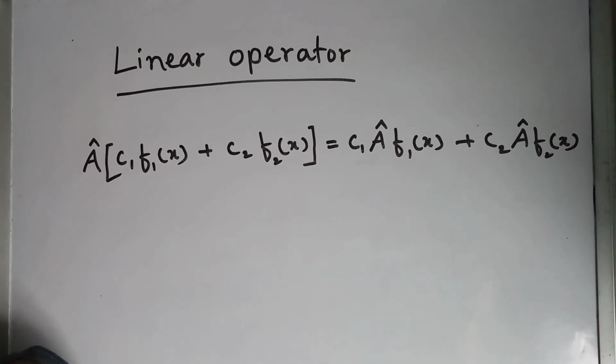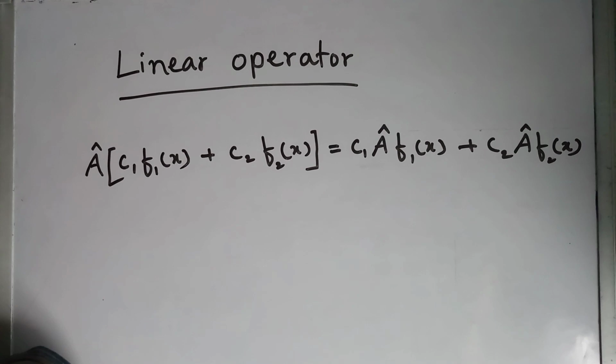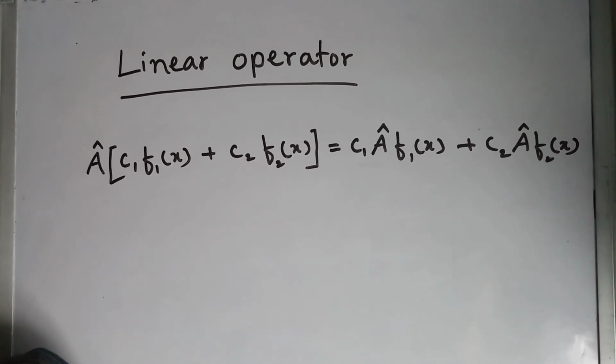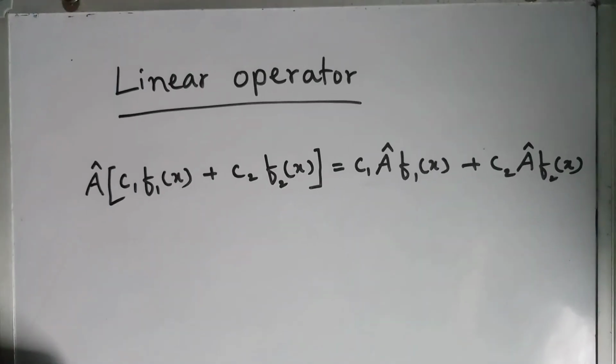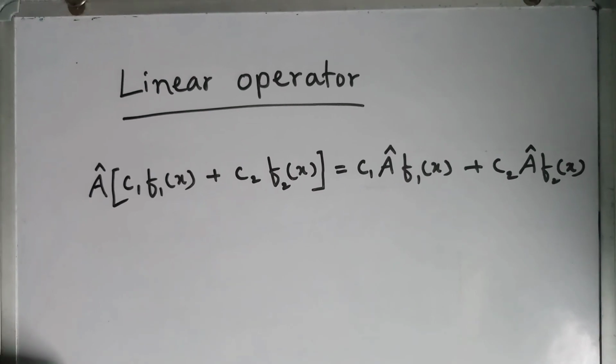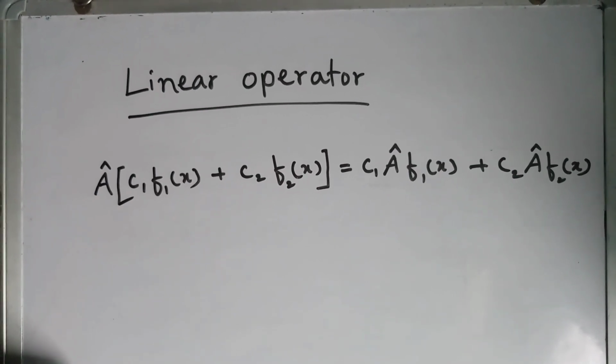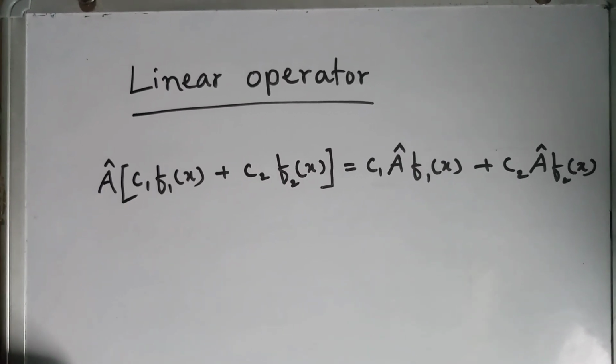So for an operator to be linear, this equation should be followed. You have seen the constants c1 and c2, they are only some arbitrary constants.